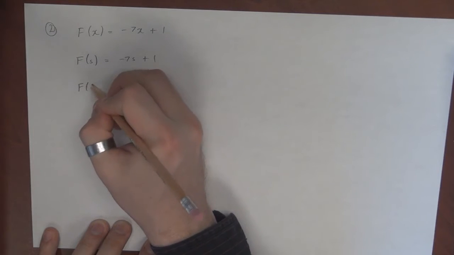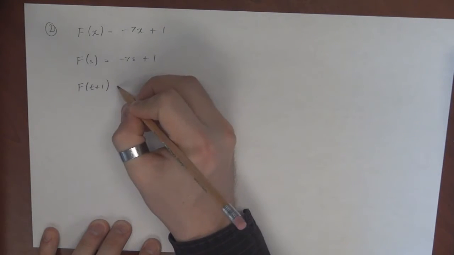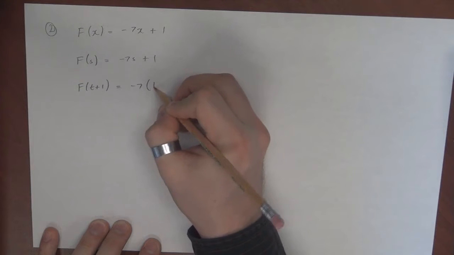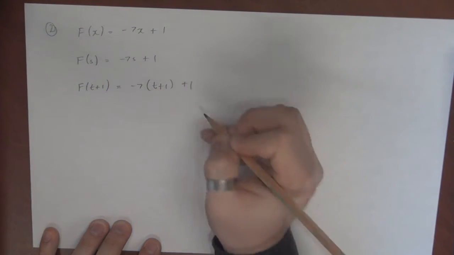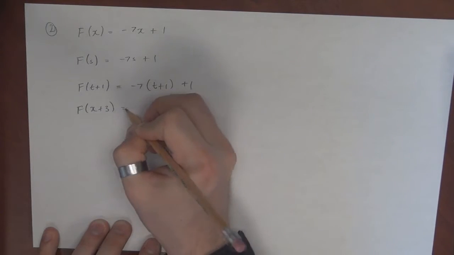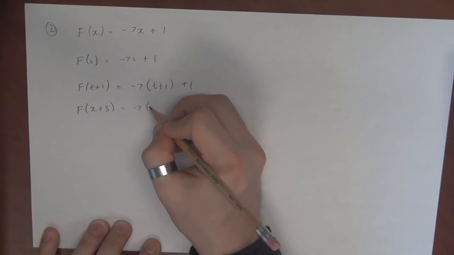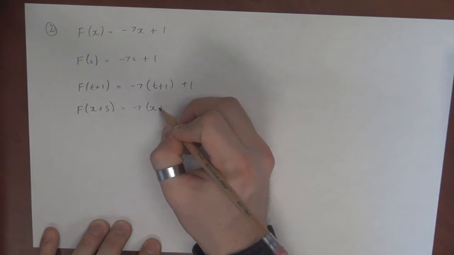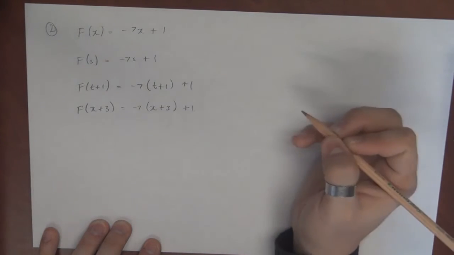When I apply the rule to t plus 1, that's negative 7 times (t plus 1) plus 1. And when I apply the rule to x plus 3 as the input, negative 7 times (x plus 3) plus 1.